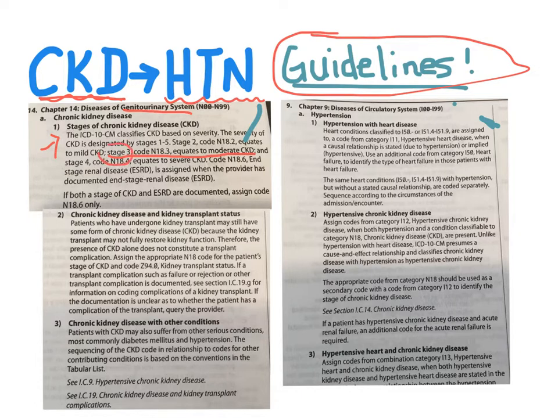So here it's telling you stage 3, code N18.3, equates to moderate chronic kidney disease. And stage 4 equates to severe chronic kidney disease. So again, if you're ever stuck in a coding situation, just have that be your first instinct to go check the guidelines for a little extra help. Usually that will solve all of your problems.